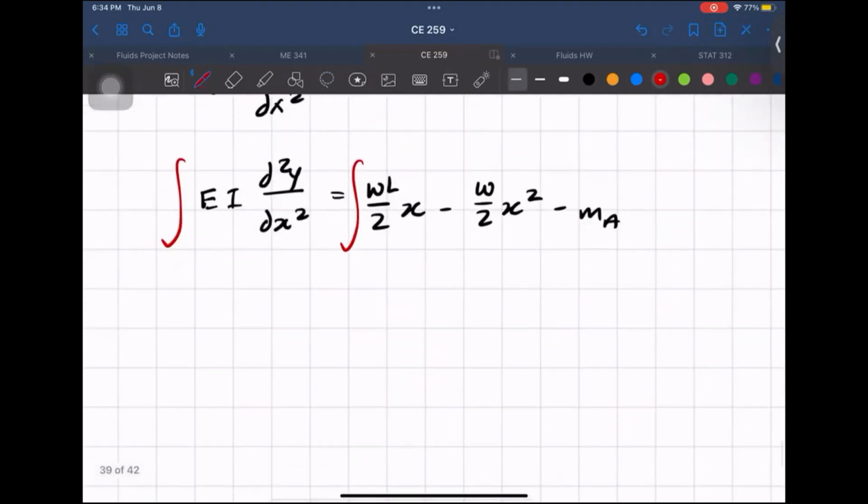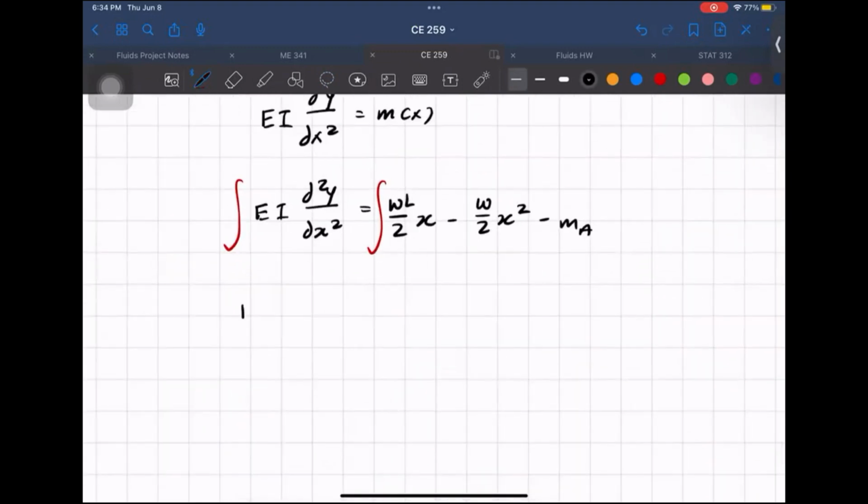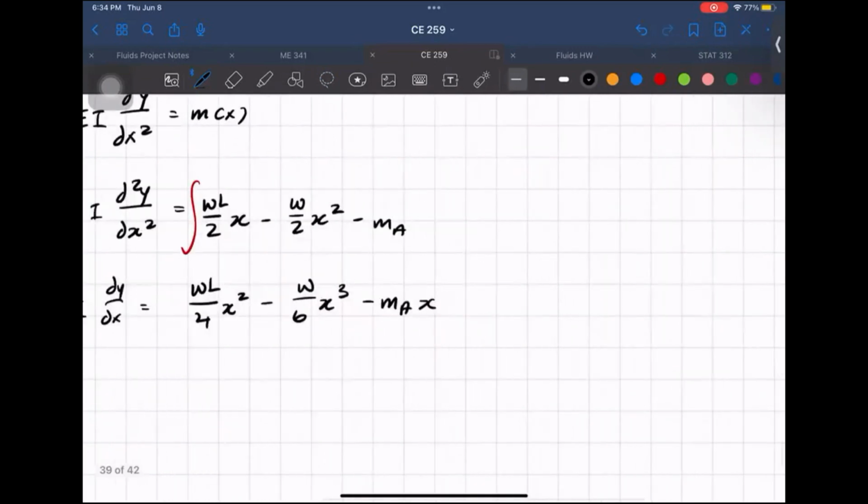We integrate once, and we get EI dy over dx is equal to WL over 4 x squared minus W over 6 x cubed minus MA x plus C1.